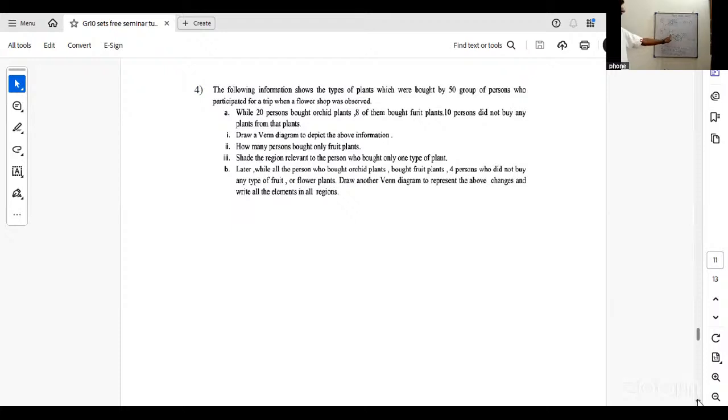Here, 20 minus x, 8 minus x. 10 people did not buy anything. How many persons bought only plants?